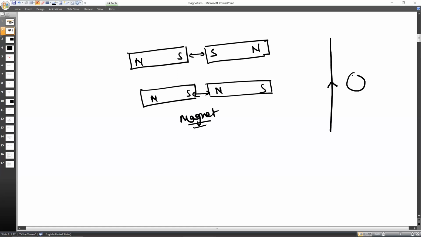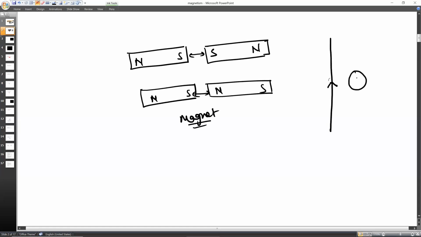Actually, when we have a magnet and it is being deflected, a magnet can only be deflected by another magnetic force, because a magnet exerts a force on another magnet. If this compass needle is being deflected, it means there is some magnetic field around it, which is exerting a force on it. If it were not a magnetic field but some other field, then it would still experience a force.